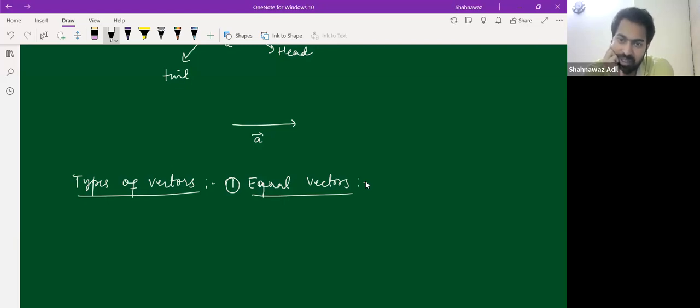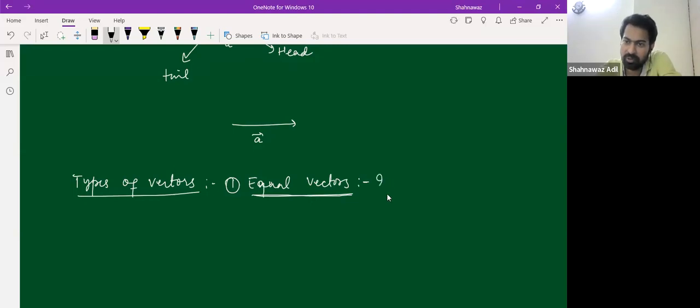We have to check the properties of those vectors: their length, or magnitude, and direction. To have those vectors be equal, we need to show that their magnitude as well as their direction is the same, right?